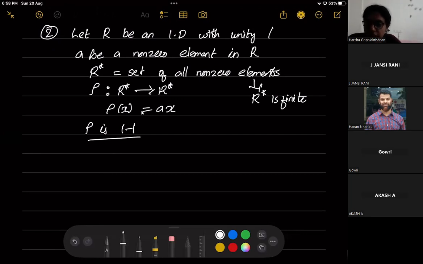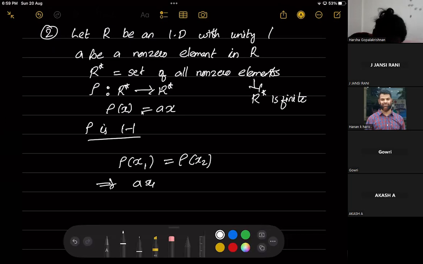So we start with the same image: rho(x1) equals rho(x2). I don't know what x1 and x2 are, I am just starting with rho(x1) equals rho(x2). By definition, it is ax1 equals ax2.